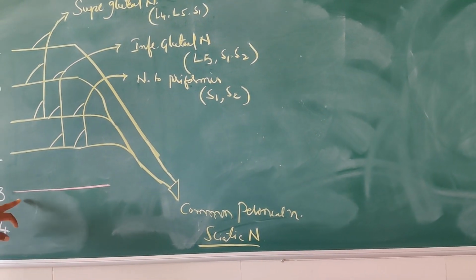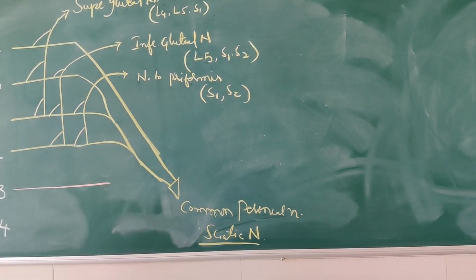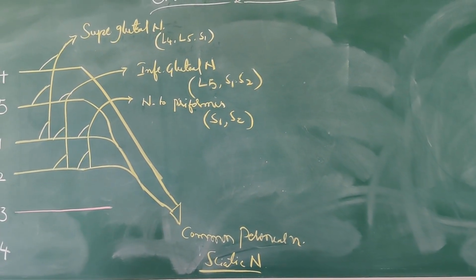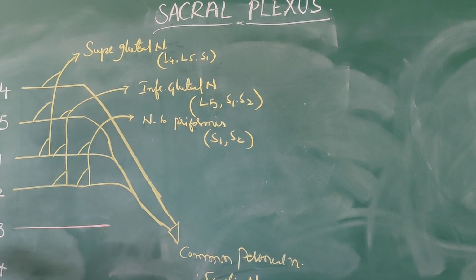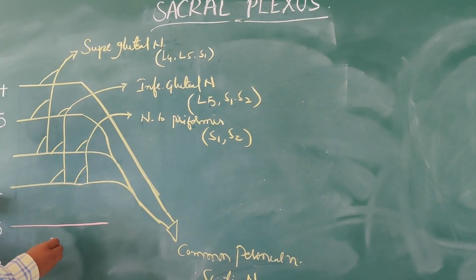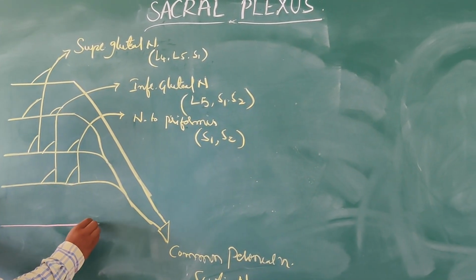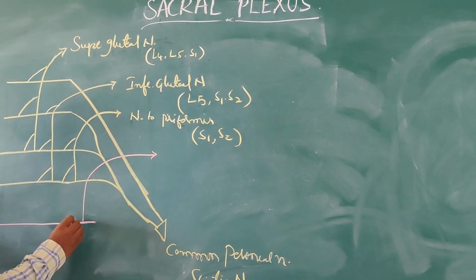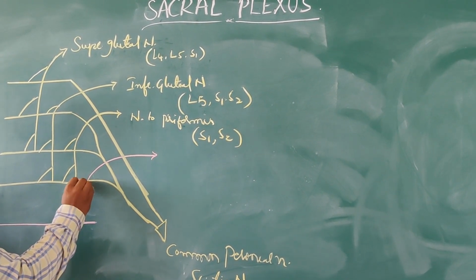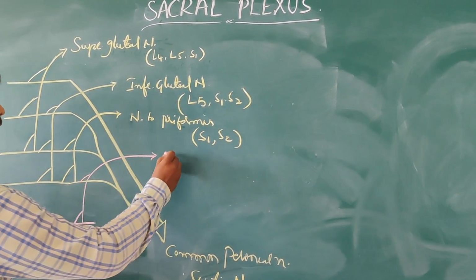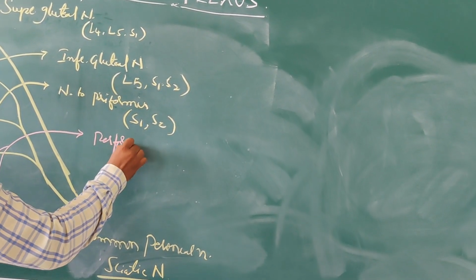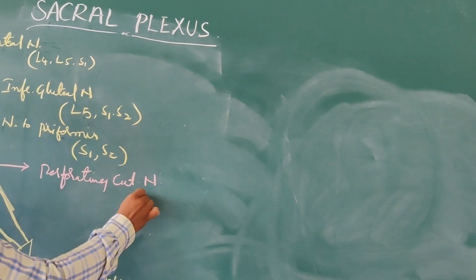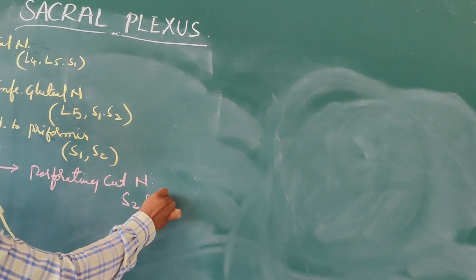S3 does not divide into anterior and posterior divisions, but the perforating cutaneous nerve arises from S2 and S3. The perforating cutaneous nerve arises from S2 and S3.